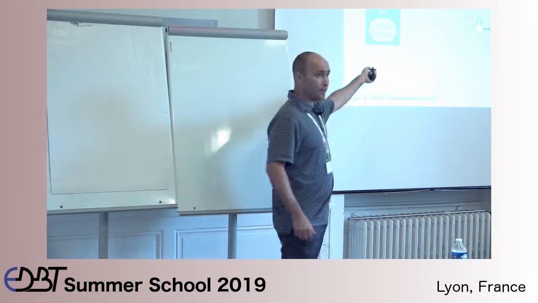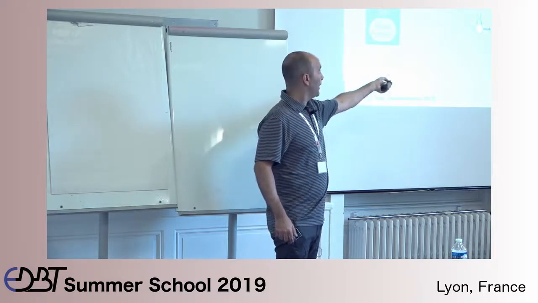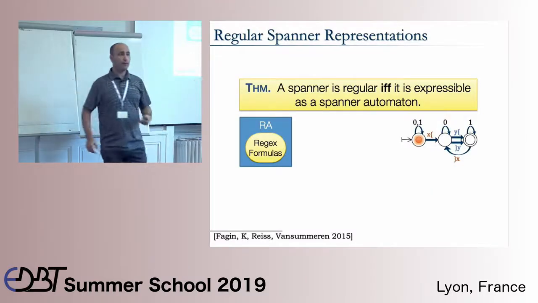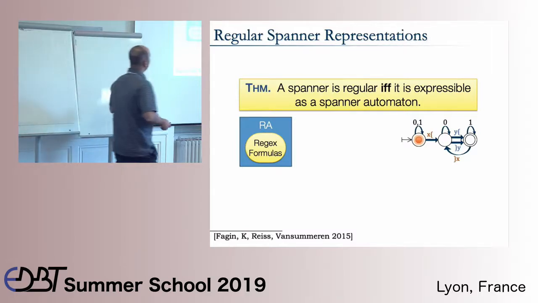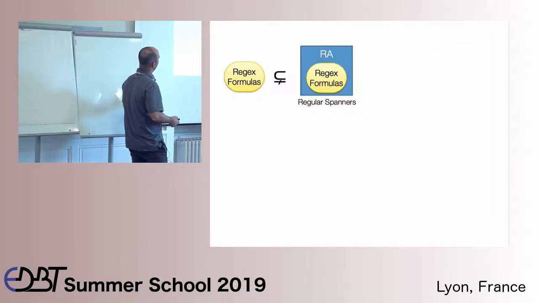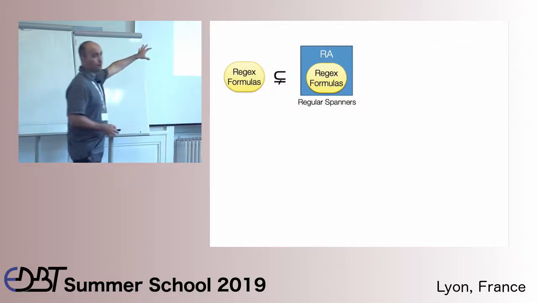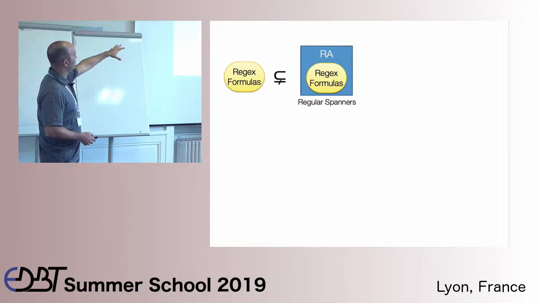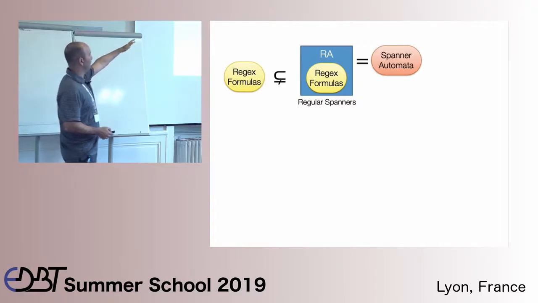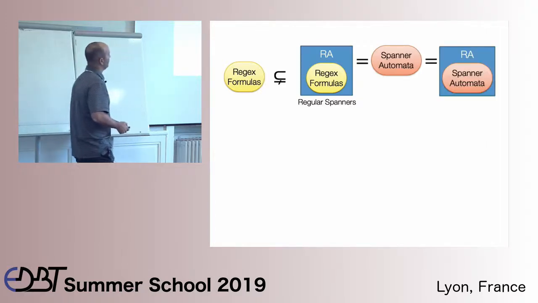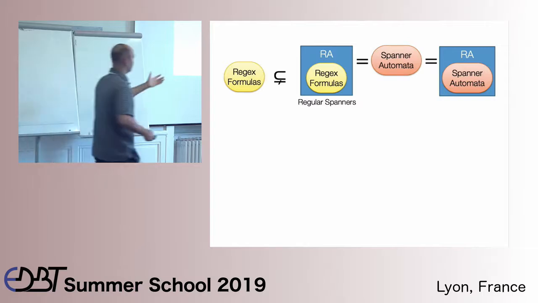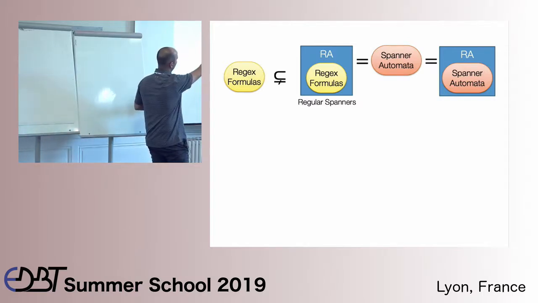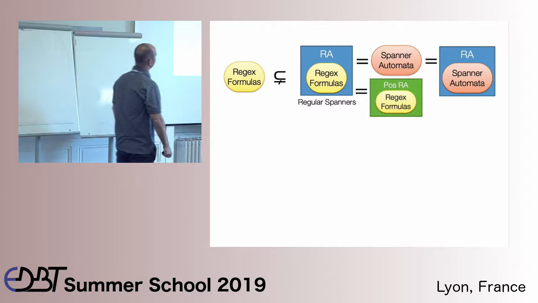So you take this formalism, relational algebra on top of regex formulas, and this formalism, the spanner automata, and they have exactly the same expressive power. And so this class, the regular spanners, you can also describe as the class of spanner automata, same expressiveness, or relational algebra on top of spanner automata, because we know that this class is closed under the relational algebra. So this doesn't take you outside of the spanner automata. This has the same expressive power.